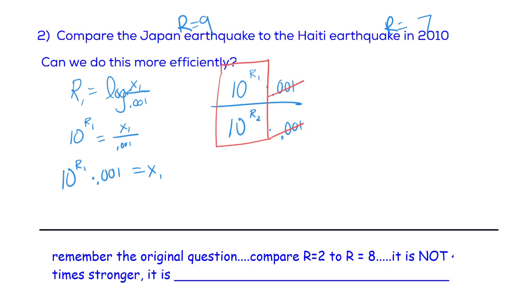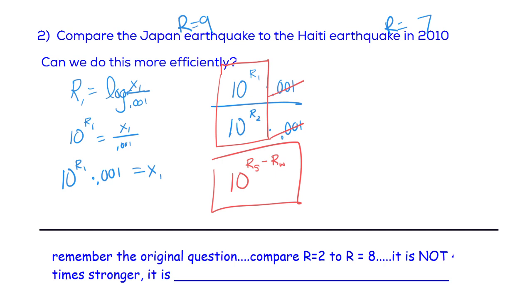So ultimately, this ratio, how much more intense is it going to be? It's always going to be 10 to the stronger one, maybe I'll call it R sub S, the stronger Richter number, minus the weaker Richter number. And that is it. That's all I really have to do. I don't really have to work through this whole thing and do the logarithm.